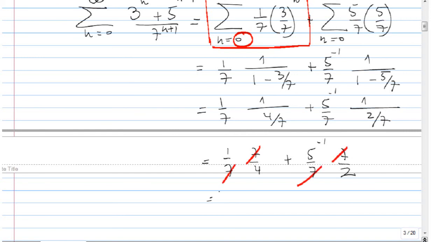This will give you 1 over 4 plus 5 to the power minus 1 over 2, and we can bring the 5 to the minus 1 down, and it will become 1 over 4 plus 1 over 10. Reduce to the same denominator to find 7 over 20. So the sum of this series is 7 over 20.